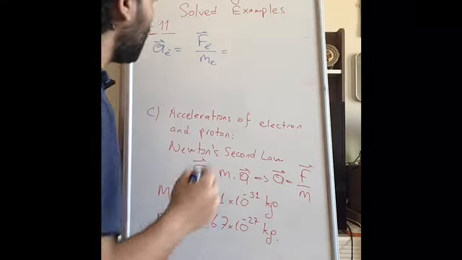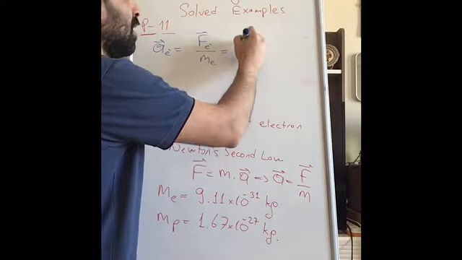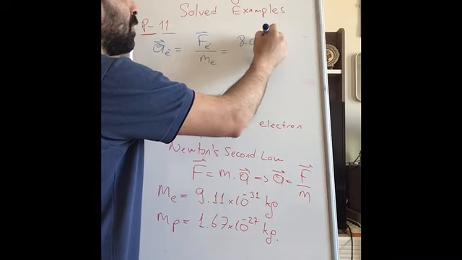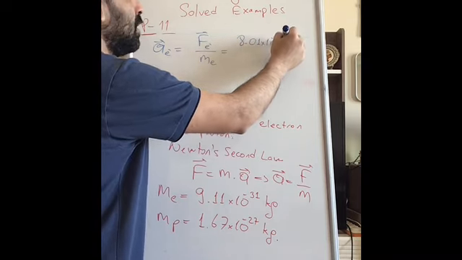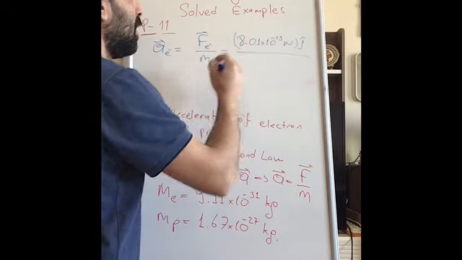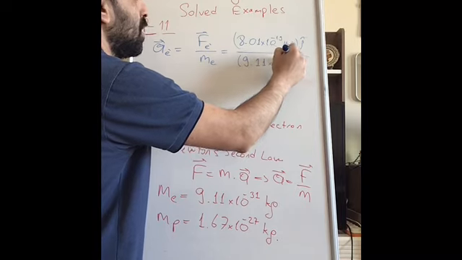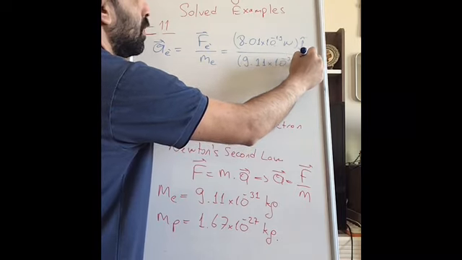And what we found for F_e was in the positive vertical direction. So 8.01 times 10 to minus 19 Newton, j, over the electron mass, which is 9.11 times 10 to minus 31 kilogram.